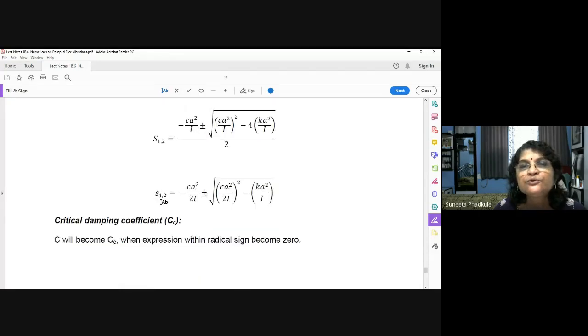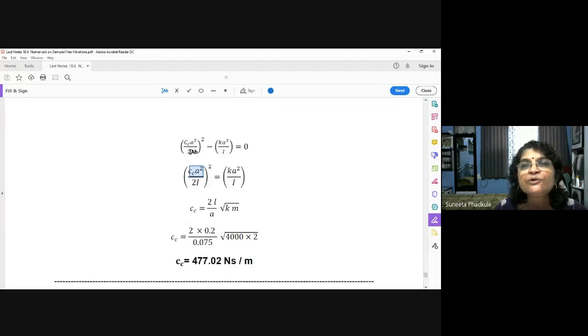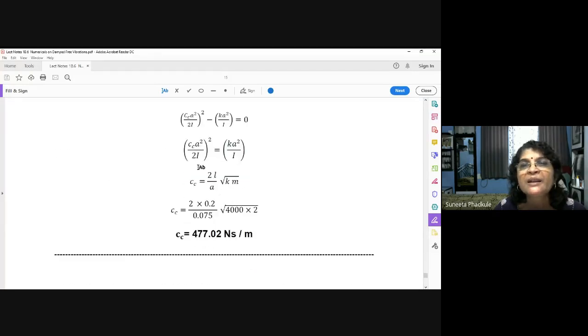Now for the critical damping coefficient, if the expression within the root is equal to 0, this C will become Cc. From these mathematical steps we got Cc equal to this equation. Putting the values of L, A, K, M, we get Cc as 477.02 Newton second per meter.